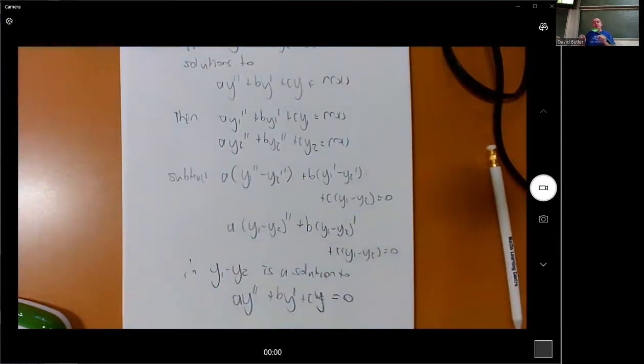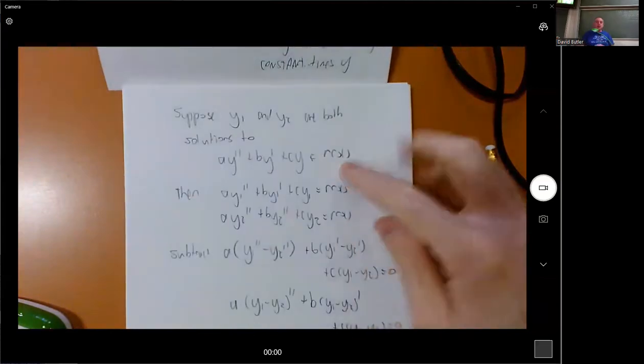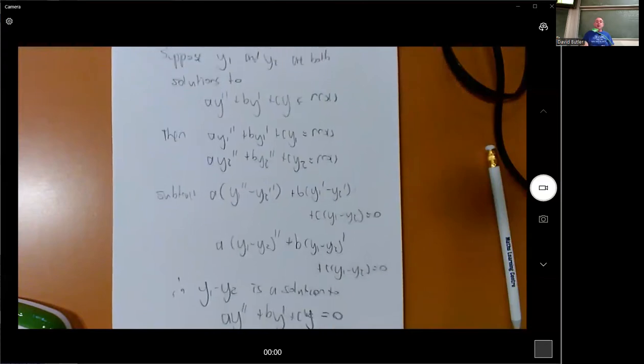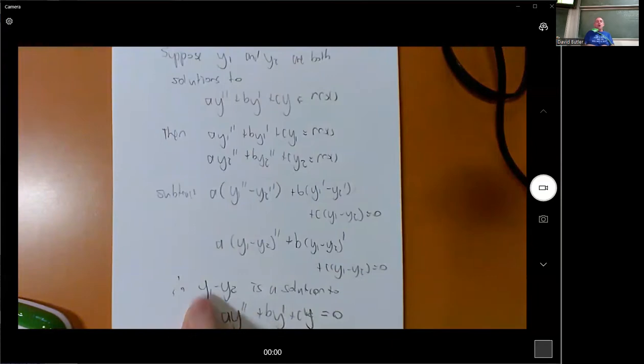So if you have two solutions to the question that you're actually thinking about, which is this one, and you subtract them, you get a solution to the same problem, but with a 0 in that spot instead. And what that means is that if you know all of the solutions to this, then from one of these, you can figure out all the others.